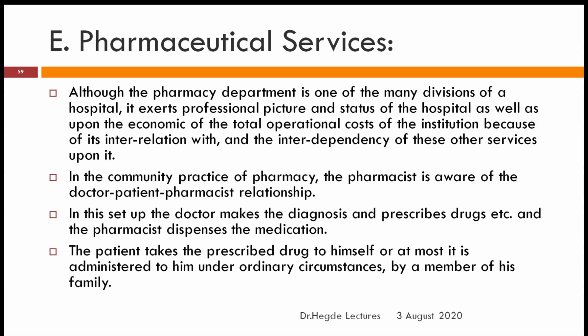In the community practice of pharmacy, the pharmacist is aware of the doctor-patient-pharmacist relationship. In this setup, the doctor makes the diagnosis and prescribes a drug to a patient, and the pharmacist dispenses this medication. Isn't it? We all know that. The patient takes the prescribed drug himself, or at most, it is administered to him under ordinary circumstances by a member of his family.